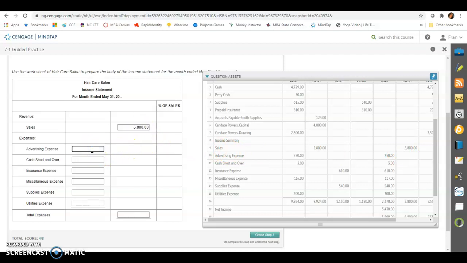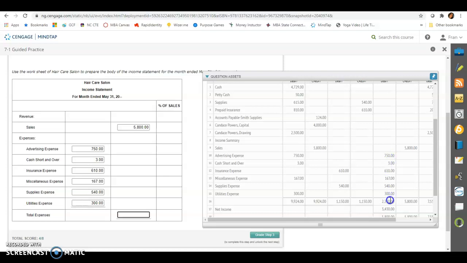Okay, and we're going to continue to take things off the expenses. $3, $610, $167, $540, and $300. Now this right here is going to be the total of all these expenses. I don't have to add them up right now because I already know what the total is.